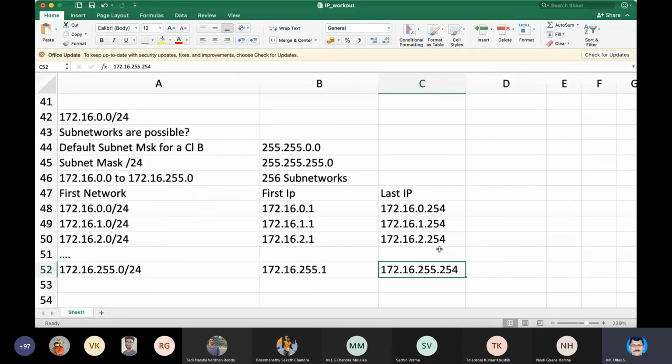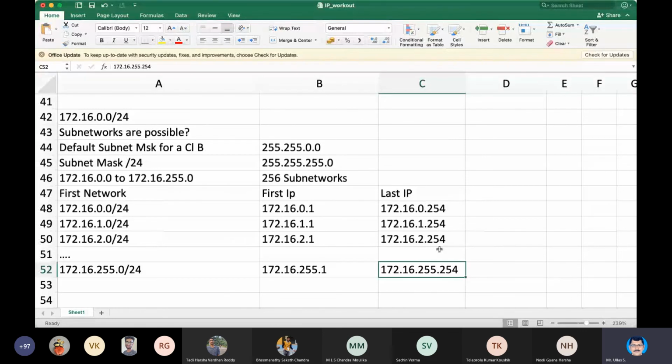If you're not able to calculate quickly in your mind, all of you know the basics of how it is calculated using binary. So I want all of you to practice this thoroughly. You will find a lot of practice questions on the internet. Based on this portion, you will have some 8 marks question in the exams. Maybe for T1 and the final exam, you will have one question each.